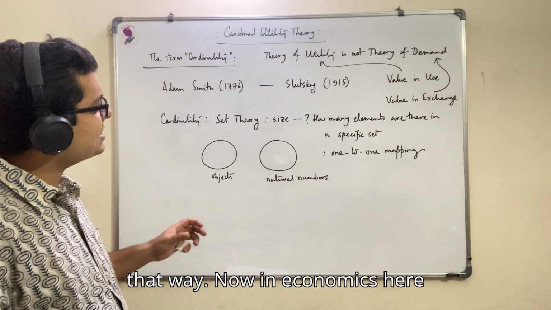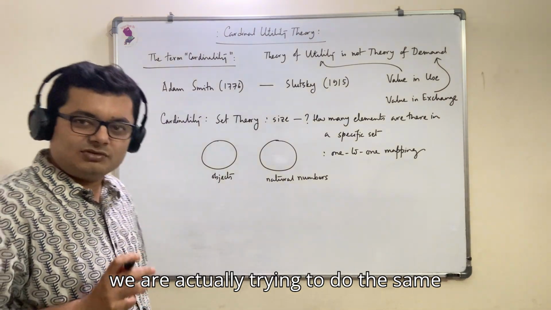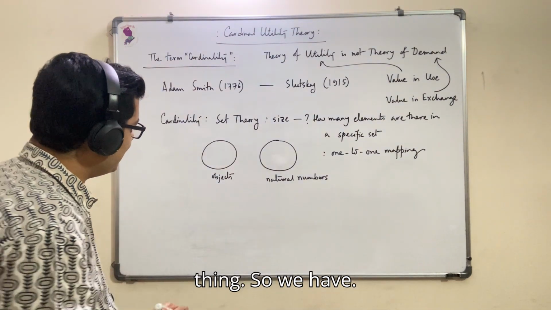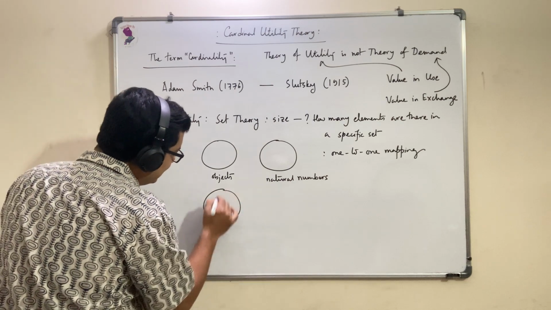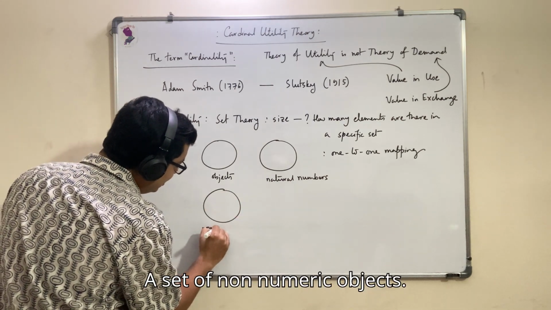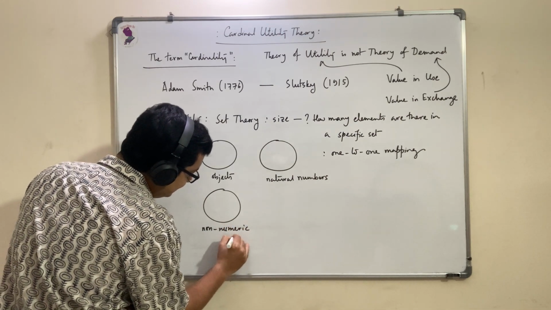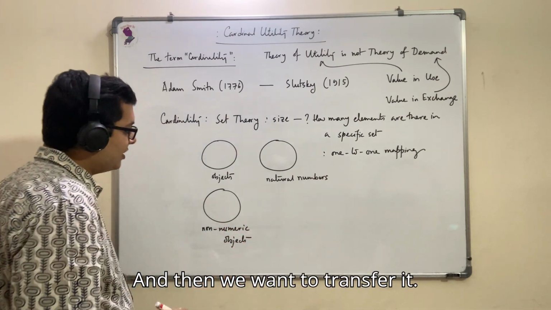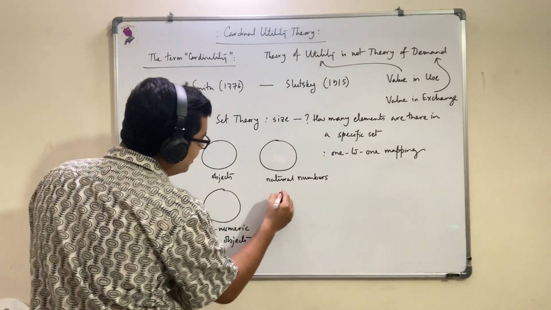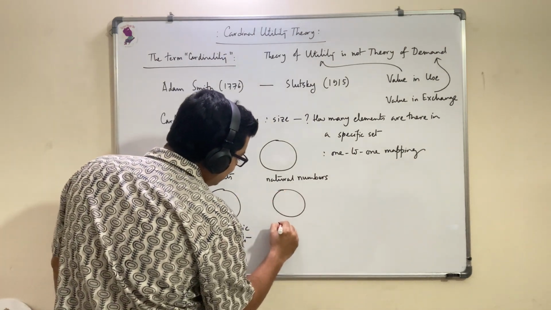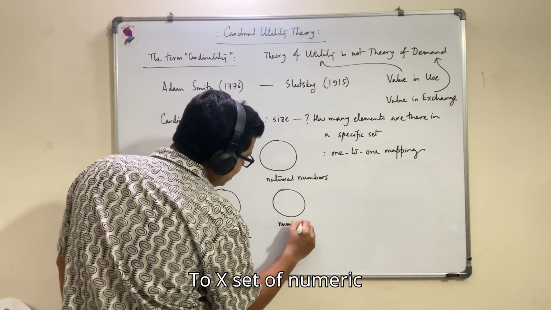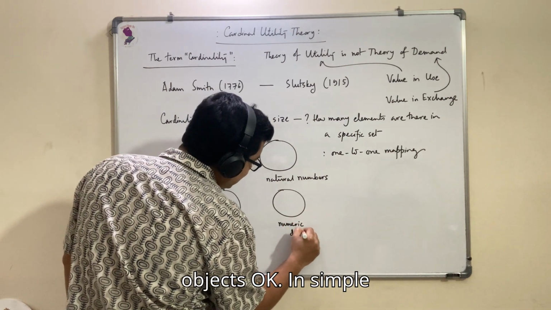Now, in economics here, we are actually trying to do the same thing. So we have a set of non-numeric objects. Okay. And then we want to transfer it to a set of numeric objects. Okay.